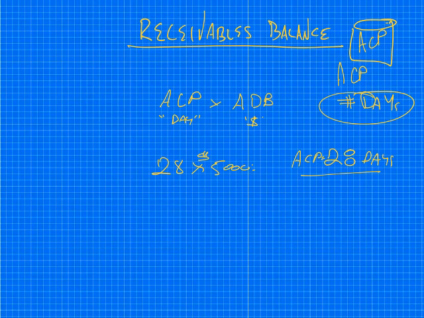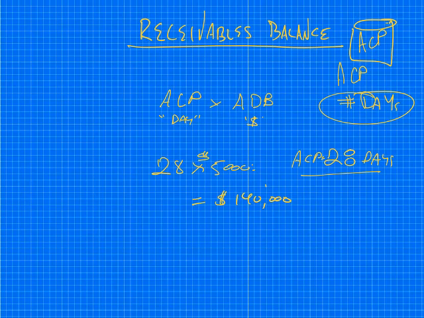And it's as simple as that. You're just going to multiply the two times each other. Let me whip out my calculator here. 28 times 5,000, and we are going to get $140,000. And that is going to be your receivables balance, or kind of your average receivables balance.